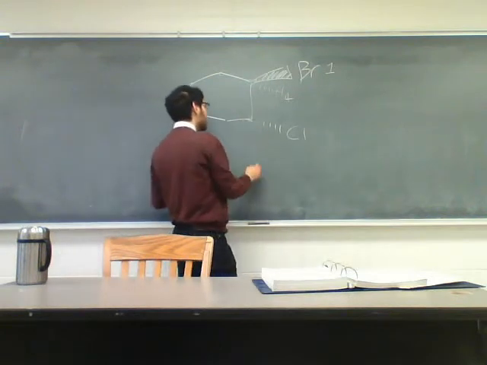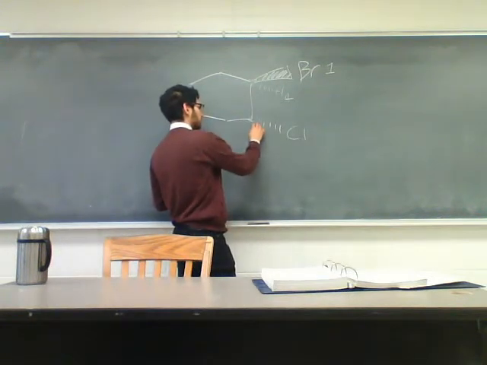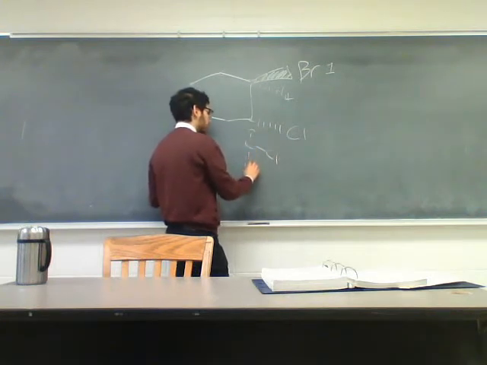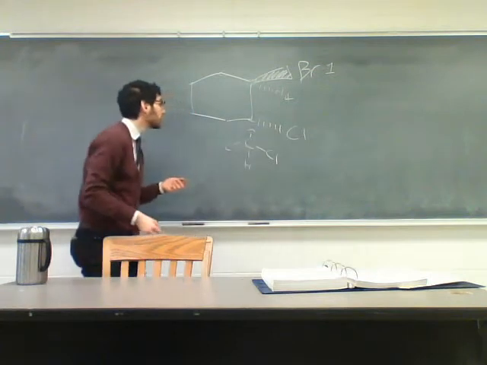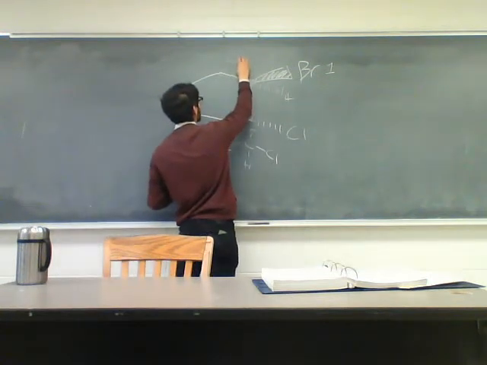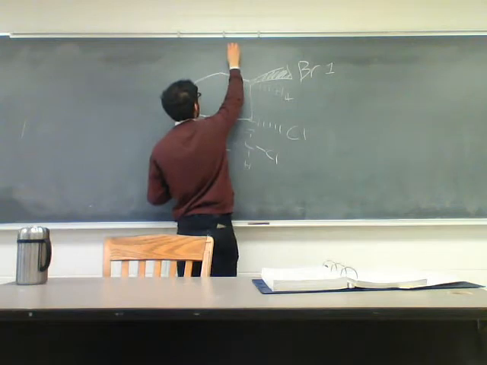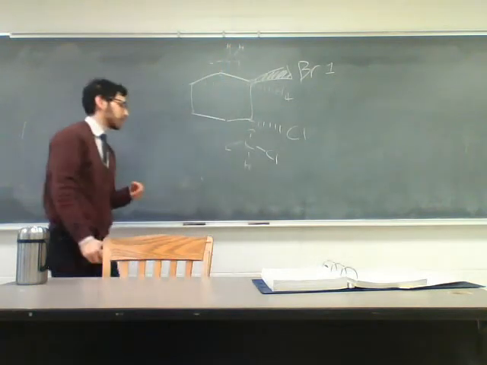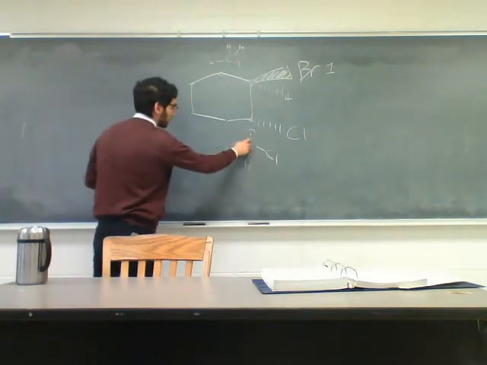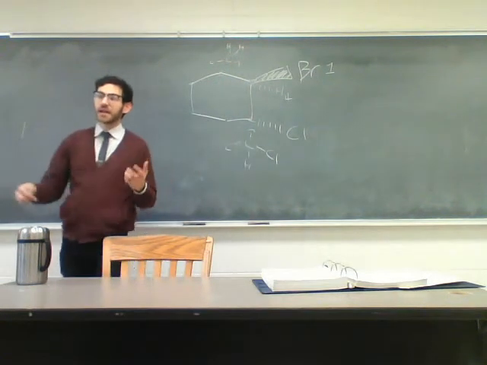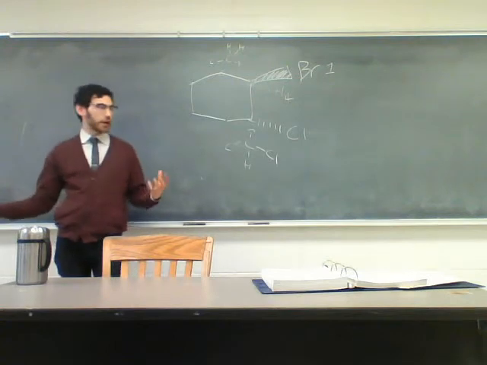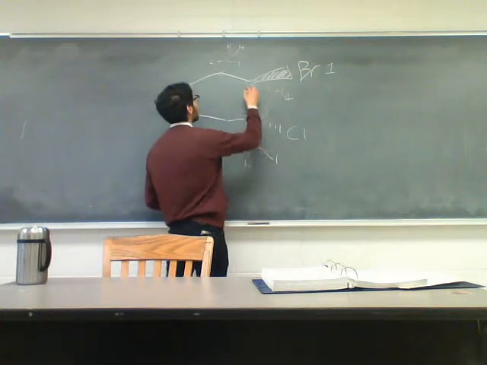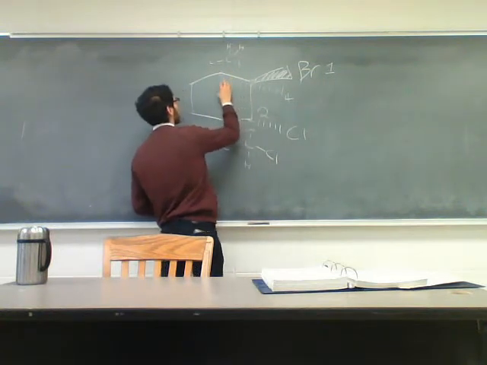The carbon down here is attached to our chiral center and has a chlorine, a hydrogen, and a carbon on it. While this carbon up here is attached to the chiral center and has 2 hydrogens on it and is attached to another carbon. So the lower carbon has heavier substituents and is therefore higher priority. Let's say this is priority number 2, and the one up here is priority number 3.